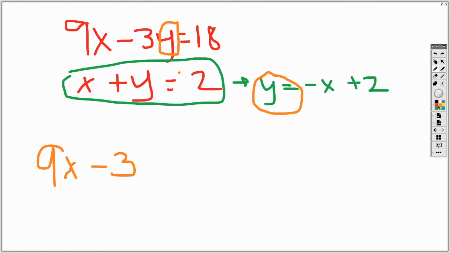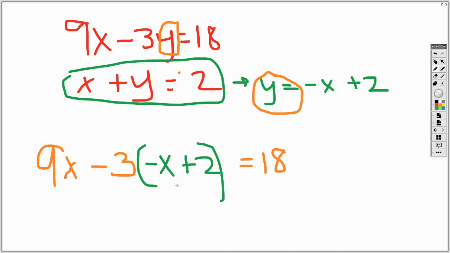Okay, then I'll do minus 3 times negative x plus 2 equals 18. The reason I showed it in different colors is because negative x plus 2 is what we're substituting. After that, you distribute it and multiply it out.